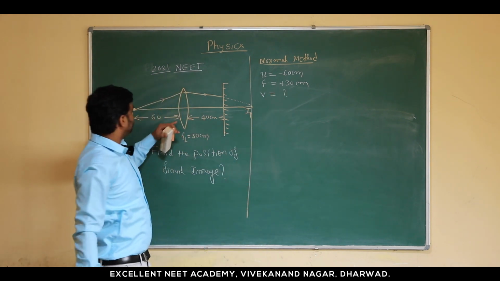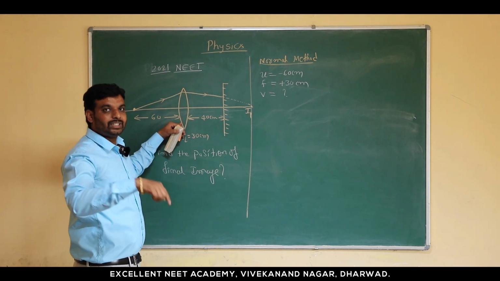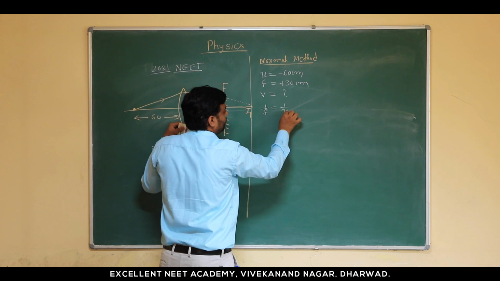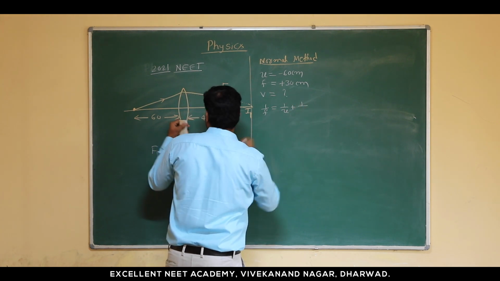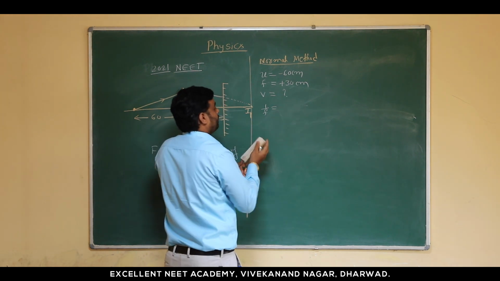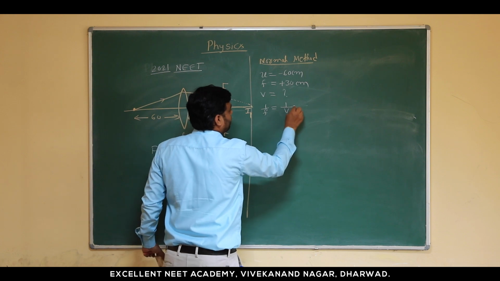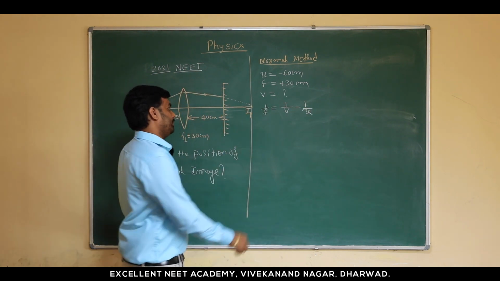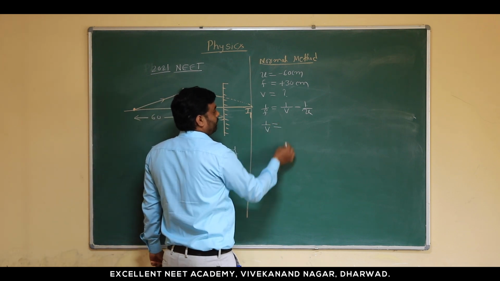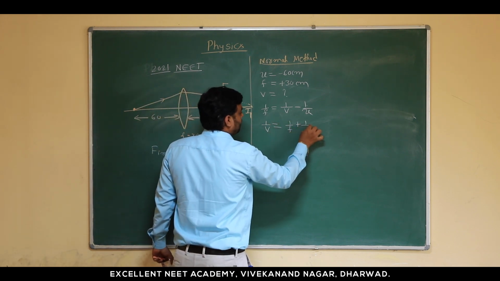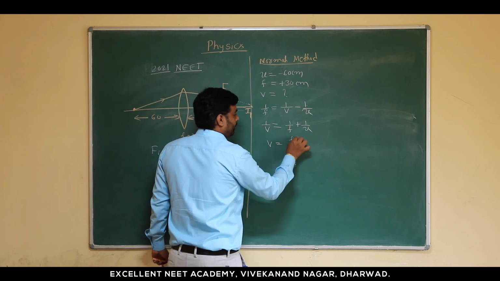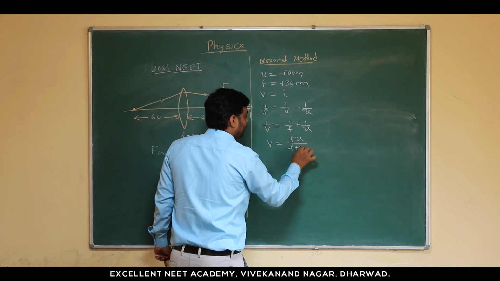Here refraction through lens, therefore we use the lens formula: 1 by f is equal to 1 by v minus 1 by u. If you want v, v is equal to f u divided by f plus u.